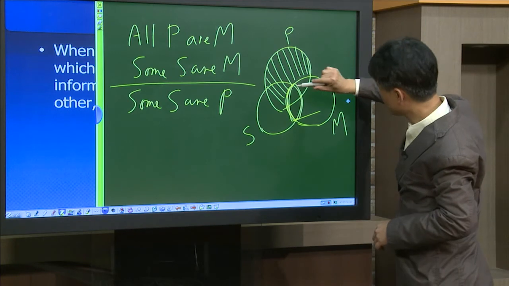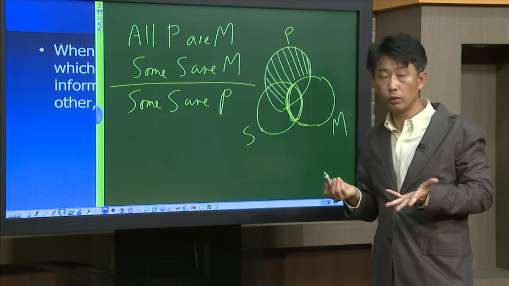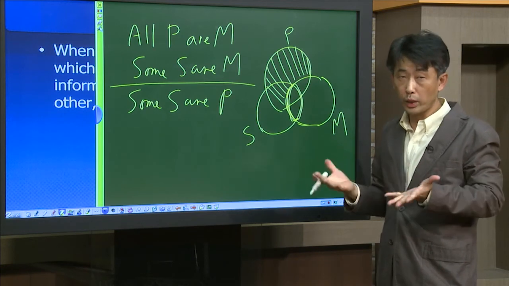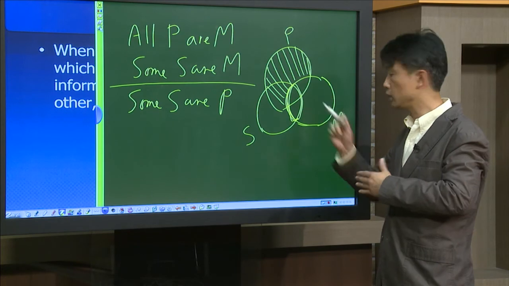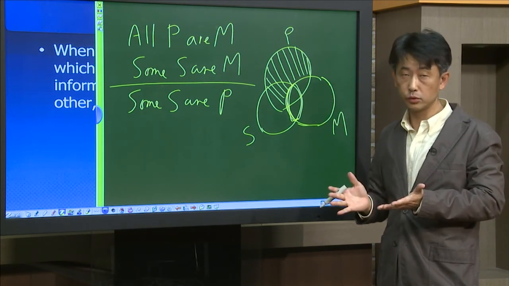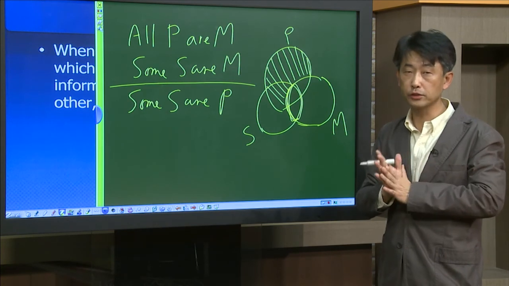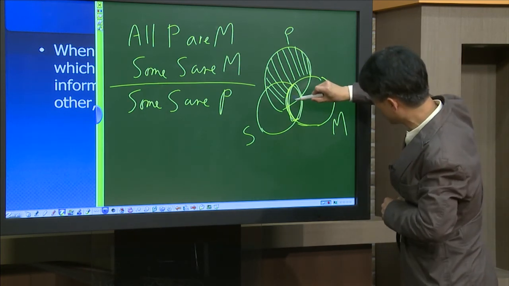Notice that this area is divided into two parts, and we don't know where X should go. We are not given any information about which of these two parts X must be put in. We don't know yet. So in that case, you put X mark on the borderline. So you put X mark there.